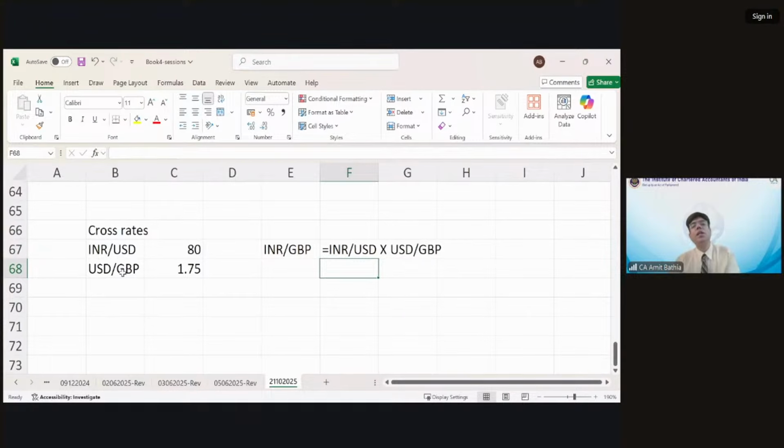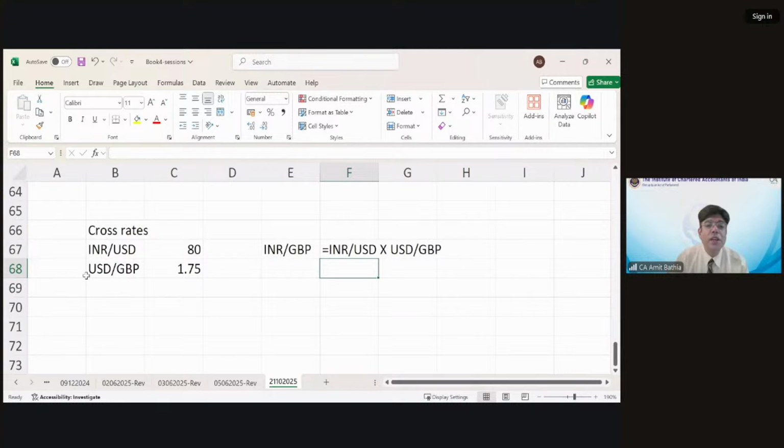Pay attention again. It's INR to USD, so USD is the base currency. It is INR 80 per USD, and USD here is the pricing currency. When you are going from USD to GBP, how do I go about doing this? 1 GBP will be equal to how much?